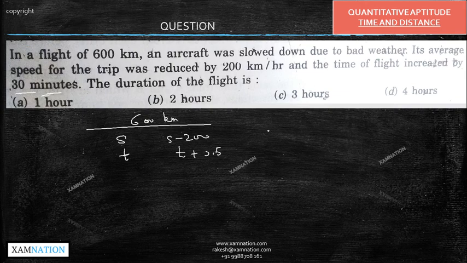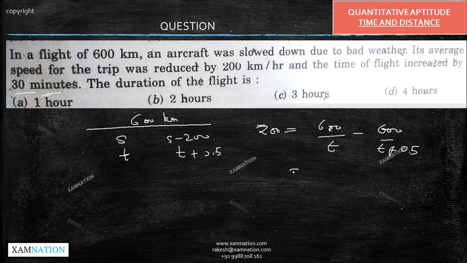So if I compare the difference of speed, the initial speed and final speed, the difference becomes 200, and the reduction in time is 600 upon t minus 600 upon t plus 0.5.